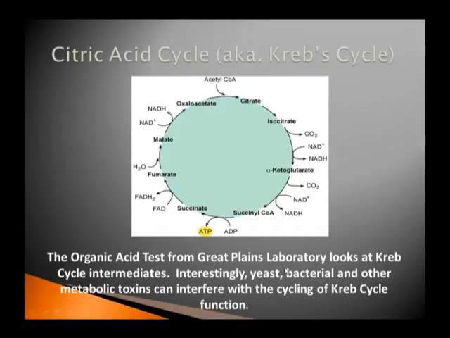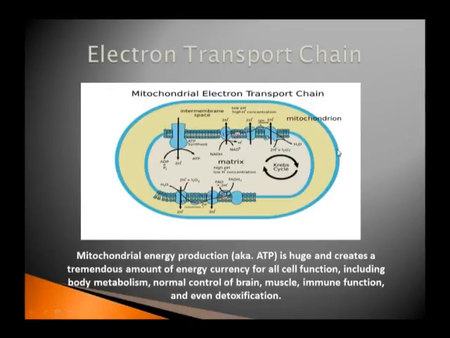And many times yeast or bacteria or other metabolic toxins will negatively impact how the mitochondria produce energy. And so the mitochondria play a big role in producing this energy currency that our body uses, and that could be your immune system, your digestive system, your brain, your heart. All of the cells and organ systems of the body live off of this energy currency called ATP.